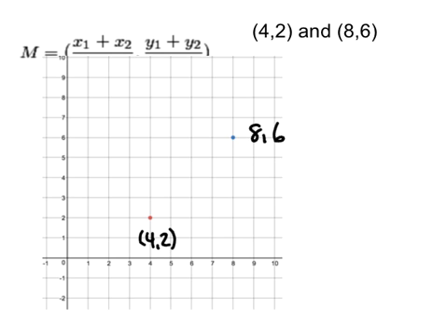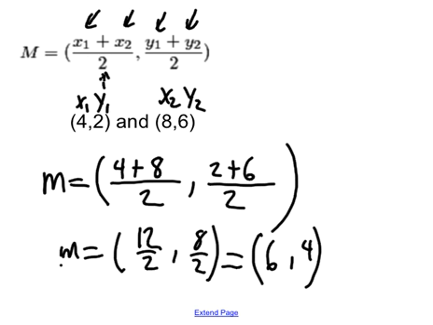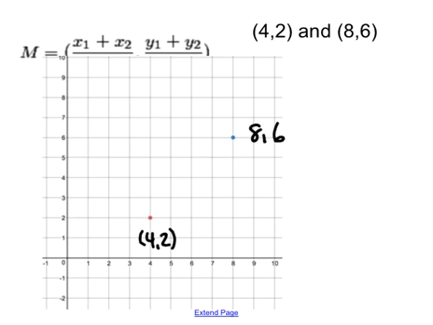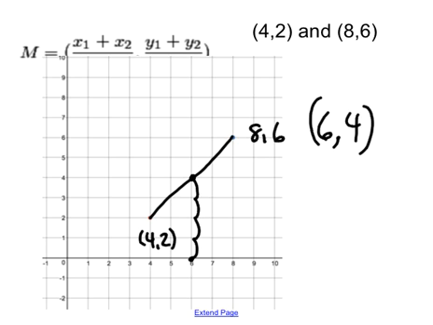So I should be able to plot what I just found, which was 6, 4. It should be exactly halfway between these two. Here's 6, and then I'm going to go up 4: 1, 2, 3, 4. And you can see that that point is indeed halfway between those 2 points.